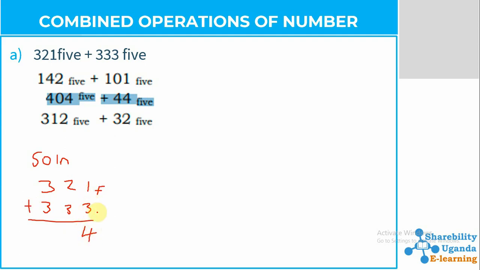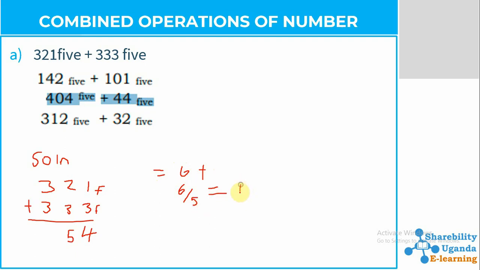We write 4 directly because it is not greater than the base. Then also here we have 2 plus 3, which is 5, which is also not greater than the base. Then we have 3 plus 3, which is 6. So 3 plus 3 is equal to 6. We shall divide 6 by 5, because it is greater than our base, which is 5.